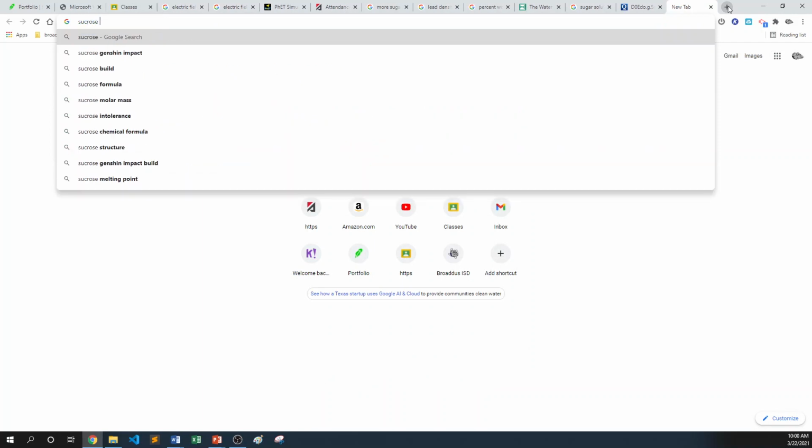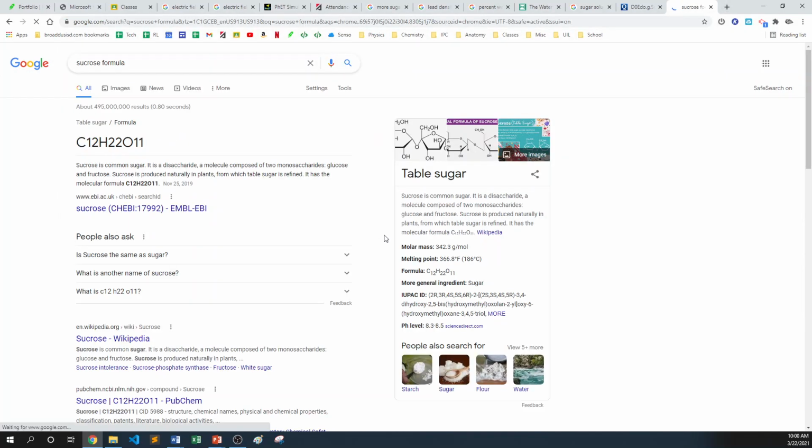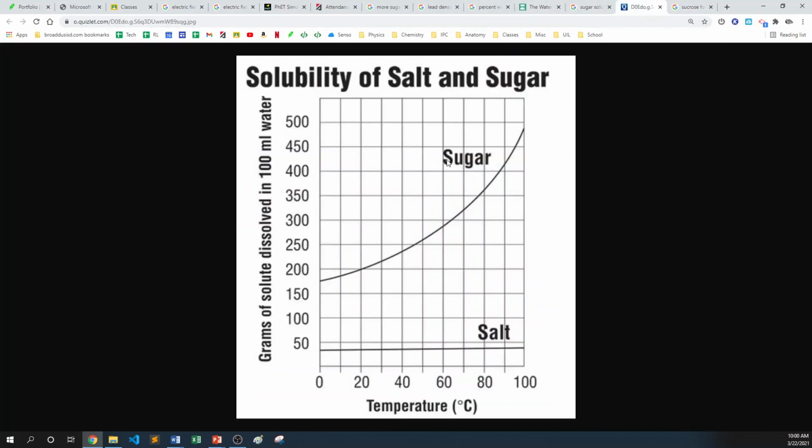Sucrose formula: it's carbon 12, H22, oxygen 11. Also, it's not C6H12O6. That's glucose. Glucose is blood sugar. Table sugar is this.